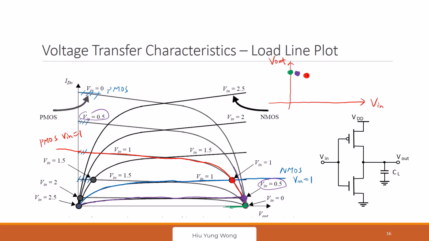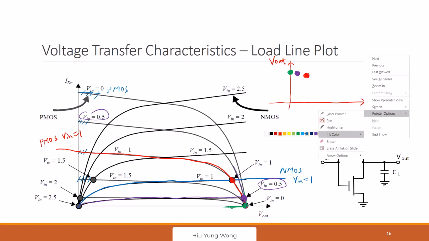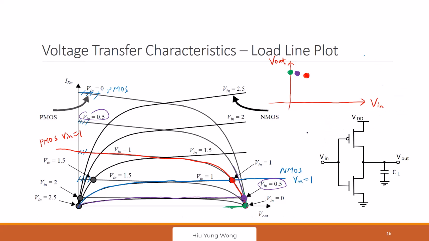Right? And then if I switch to 1.5, then V in becomes this curve, right? But the PMOS one is this one. This is 1.5. Right? So you see it change quickly.